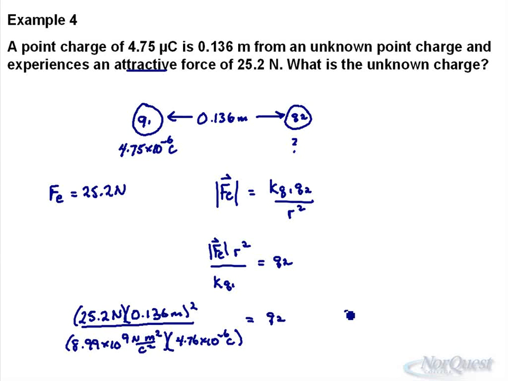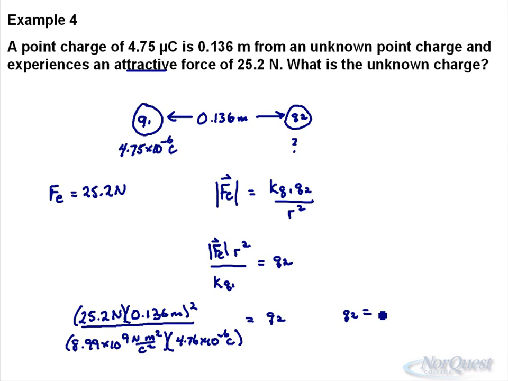Put this off to the right here. Be very careful when you punch this in, because there's more than one number in the denominator. You have to bracket it. So go 25.2 times 0.136 squared, enter, divide by, and then go bracket, 8.99 to the exponent 9, times 4.75 to the exponent negative 6.